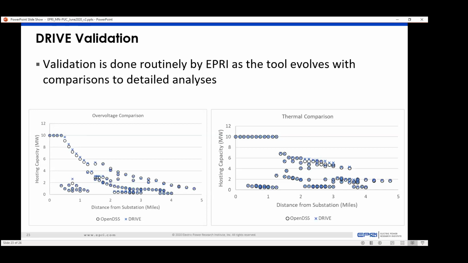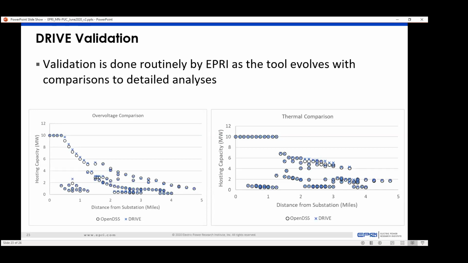But a detailed study is very different than what any one hosting capacity methodology is doing, because in a detailed study, I set up exactly the characteristics of that future DER. I set up exactly how I want to even analyze my study.